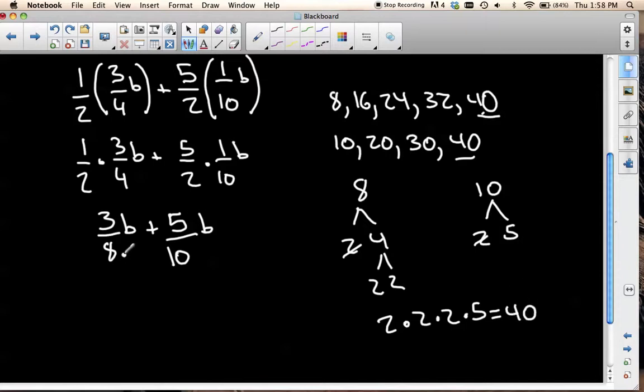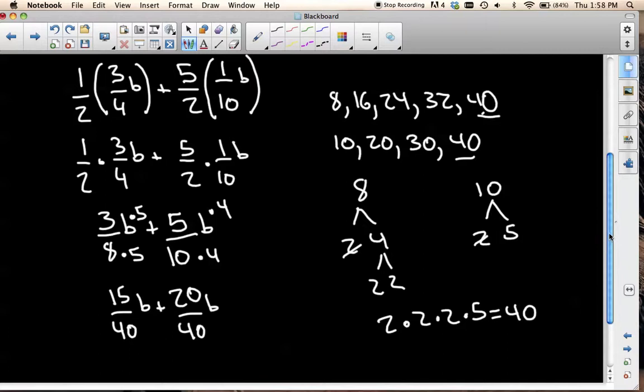So I need to multiply the bottom and the top by the same number to get 40. 8 times 5 is 40. And then we have 10 times 4 is 40. And I'm left with 15 over 40b plus 20 over 40b.